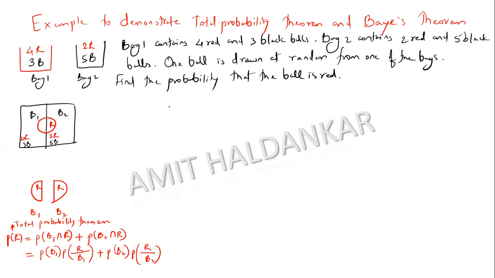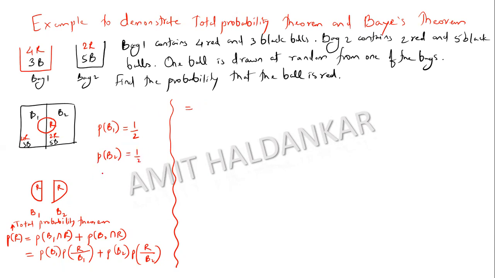So whenever I solve this, what I get here is P of B1, that is the probability of selecting B1 and B2. Since there are two bags only, it will be half, and probability of selecting B2 will also be half.